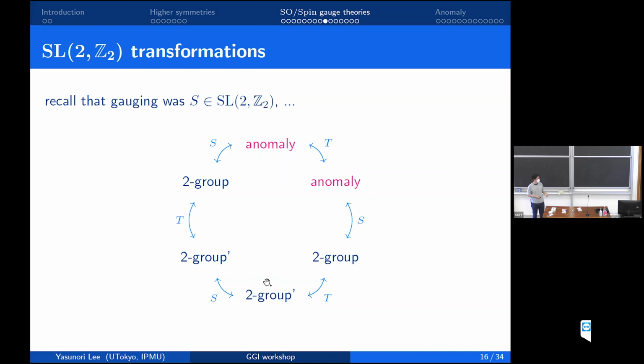So these two theories have different two-group structure. As we have two SL(2,Z) orbits, one is the spin, SO plus, SO minus orbit, and the other is this mixed 't Hooft anomaly, two-group orbit. So you can consider stacking them and see which theories have which higher symmetry structures.